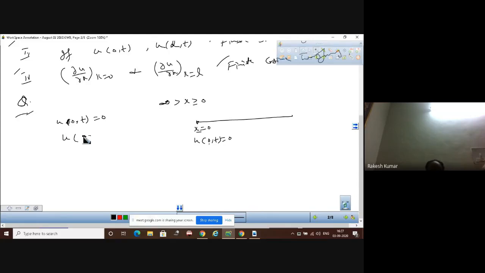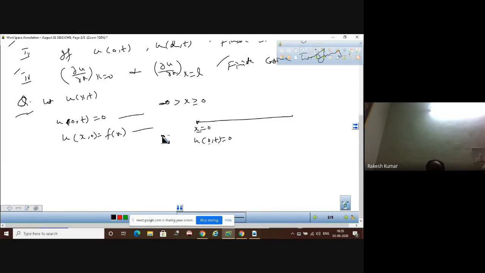Whenever they say initial, it means at t equal to 0, so u(x,0) is equal to f(x). These two conditions are given to us. Because we are talking about the temperature function, you have to assume that u(x,t) is the temperature at any point x and at any time t.